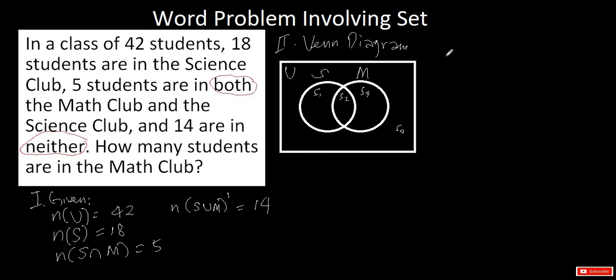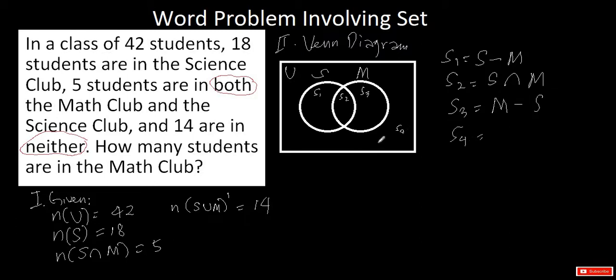Okay, let us understand these regions by set operation. So the region S sub 1 is just equal to the operation S minus M, right? And S sub 2 is S intersection M. S sub 3 is M minus S. And S sub 4 is, since this region is not in the union of S and M, the complement.